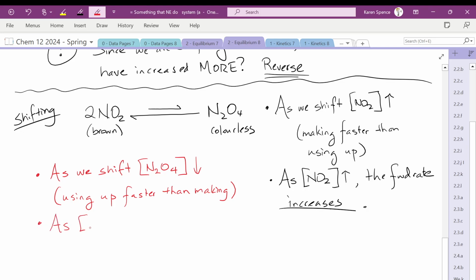As the concentration of N2O4 decreases, the reverse rate does something.